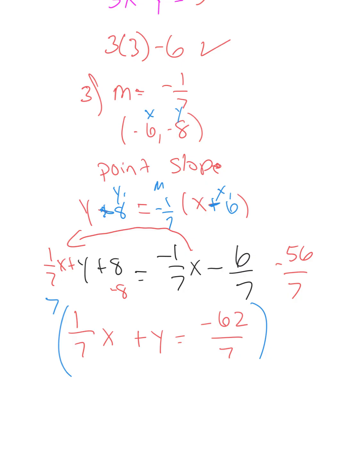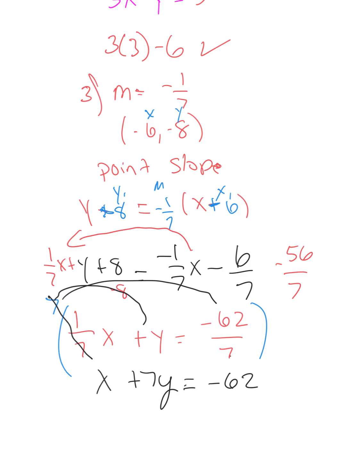So let's get another color. So that goes away, and 1 times x is just x. But it's not gone. It's still there because we have to distribute to each one. So 7 times y is 7y. And then again, 7 times this one. So again, the 7s cancel, and you end up with negative 62.